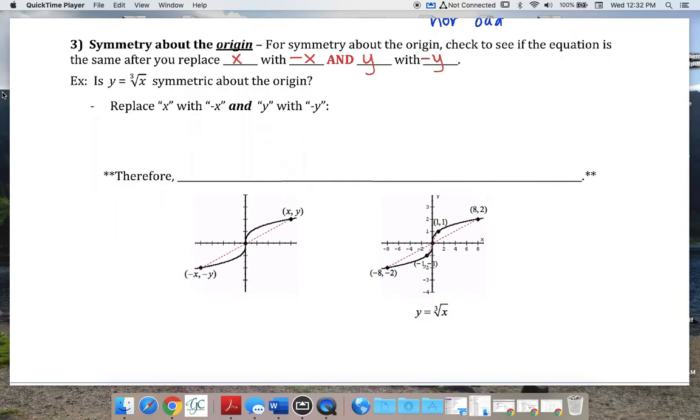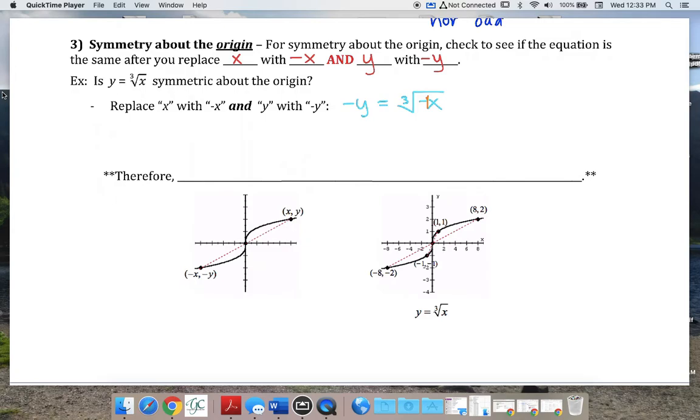So that y will become a negative y, so we'll have negative y equals, and then we'll have the cube root of negative x this time. All right, and now we're ready to simplify. So starting with the cube root of negative x, remember that negative sign represents our coefficient of negative 1.